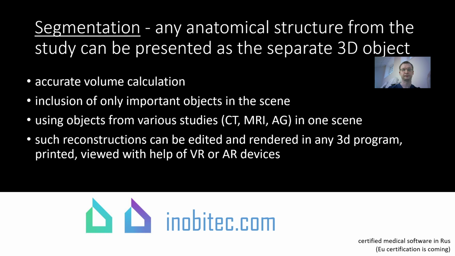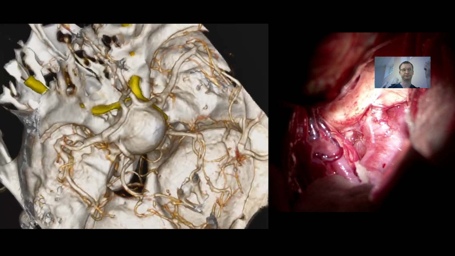You can put in the 3D scene only those structures that are relevant to your surgery without unnecessary radiological noise. You can combine objects from studies of different modalities: bone from CT, for example, tumor from MRI, vessels from angio. You can use different ways to view these scenes, for example, VR or virtual reality, or augmented reality. And here are some examples.